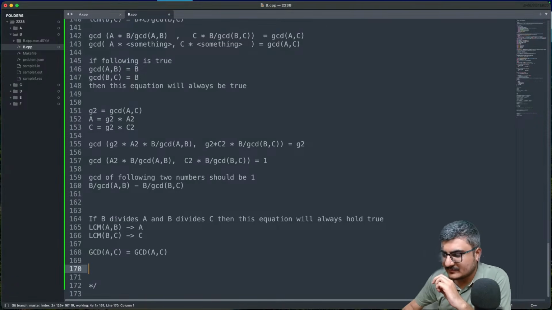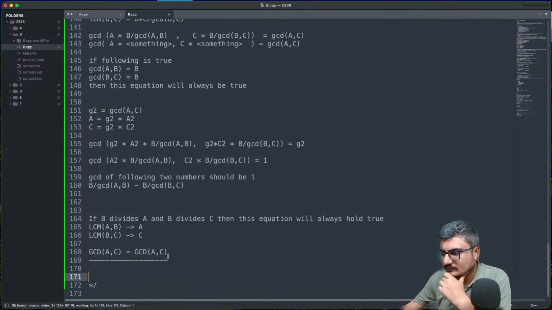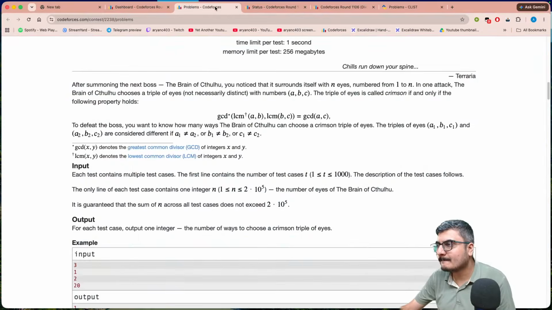What happens if B does not divide A? Then LCM will bring in some more elements. Let me try to form some counter test case or something. One second.